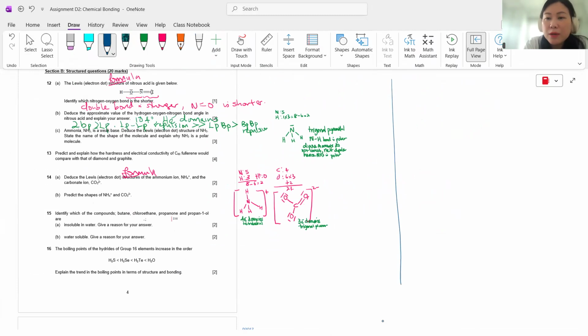So out of the compounds, we have water as the solvent, right? And we have butane. If you do not know what is butane, it's C4H10, which means that it's just a hydrocarbon. Chloroethane, we have C2H5Cl. So it looks like this.